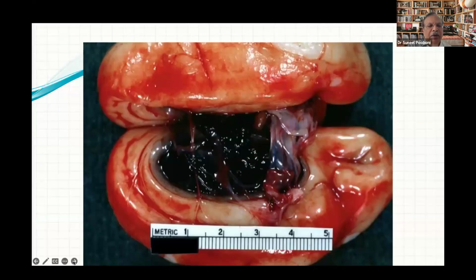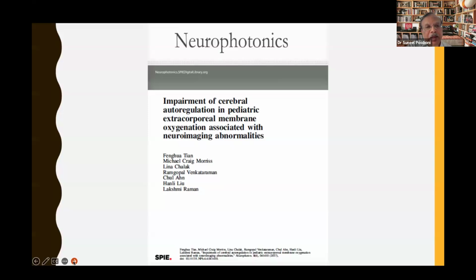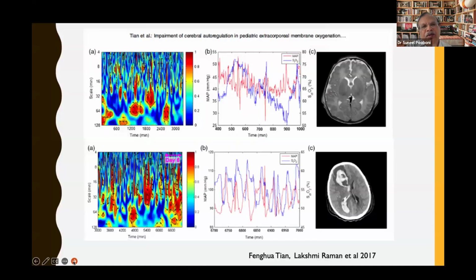In neonates, a severe intracerebral bleed or intraventricular bleed can look like this. People are studying cerebral autoregulation in pediatric ECMO, and they are coming out with very important information, which will be very useful for us in future.